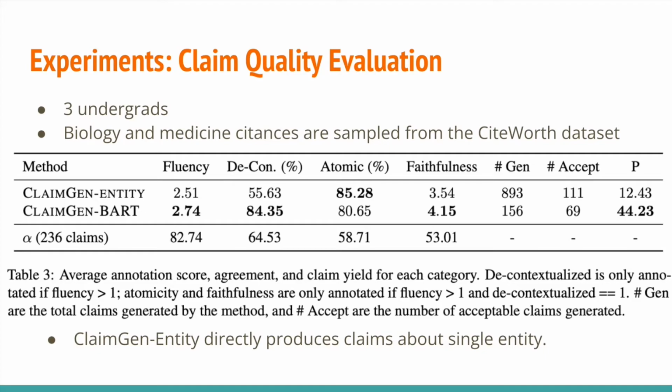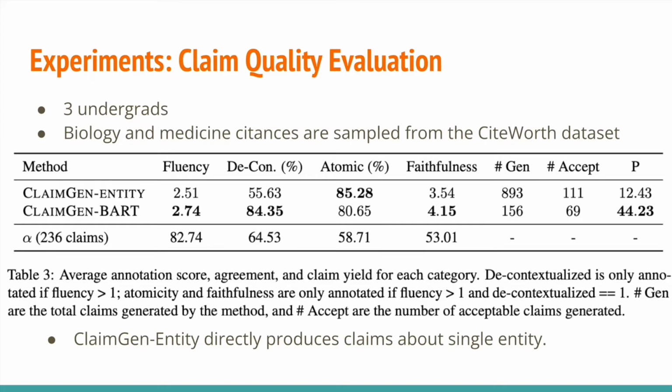As you can see from the table, ClaimGen-BART is performing better than ClaimGen-Entity, mostly, except in the atomicity category. That's because ClaimGen-Entity directly produces claims about a single entity, so it's naturally good at atomicity.